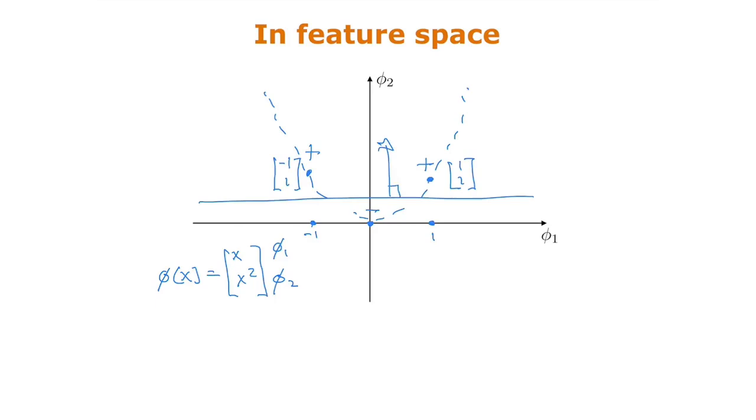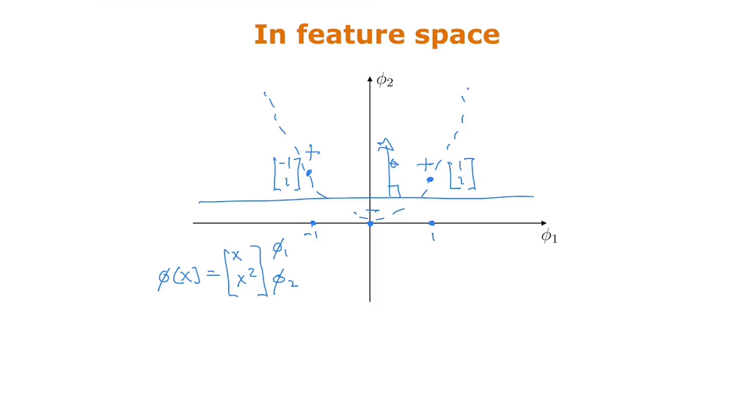For example, this one. All the examples, as they are mapped to feature coordinates, now include more information about x that's more explicitly linearly accessible, and we can separate those examples in these feature coordinates, thinking of linear classification now in the higher dimensional space.